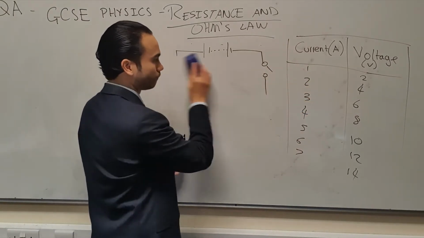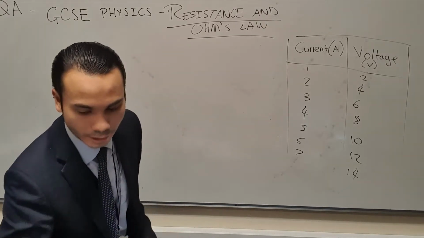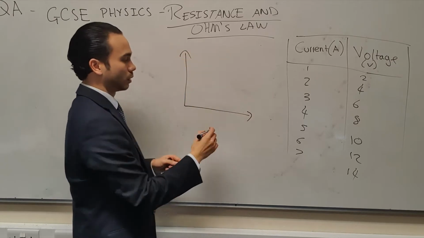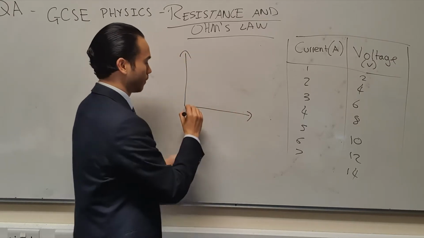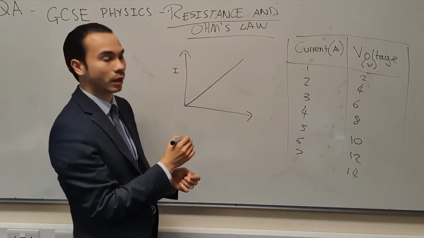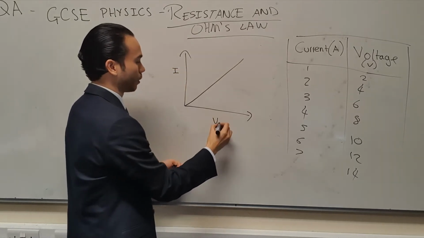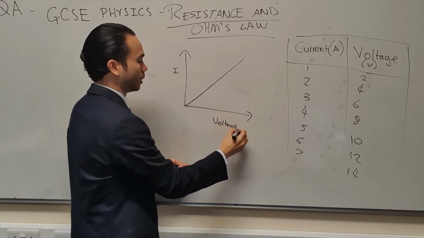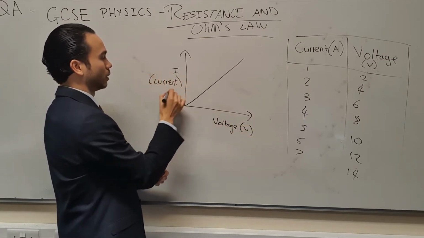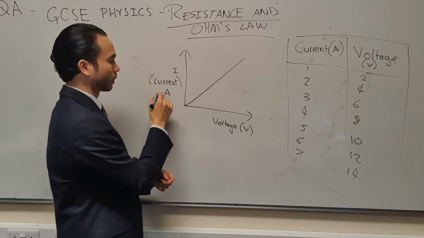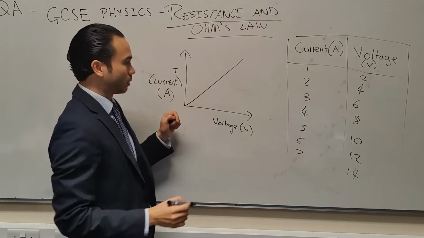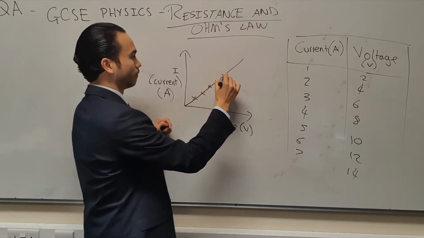And therefore, if you did this experiment, and if this external resistor was said to be ohmic, and I plotted my current values there and my voltage values here, so this is voltage, V, this is current, measured in amps, the fact that I've got a straight line like this, and obviously I would have plotted my points.